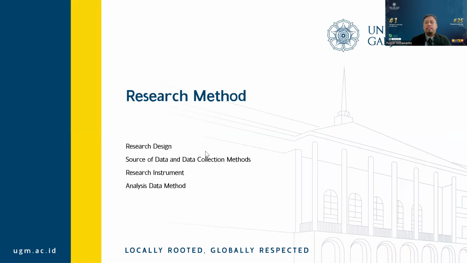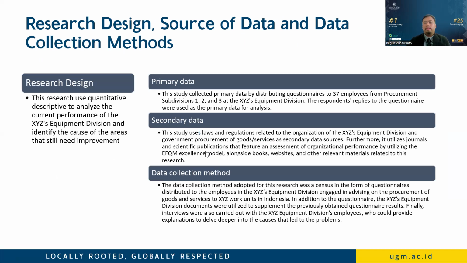Next, in the third part, is the research method, which begins with an explanation of research design. In the research design, it is stated that this research uses a quantitative descriptive approach to analyze the current performance of the XYZ equipment division and identify the causes of the areas that still need to be improved.